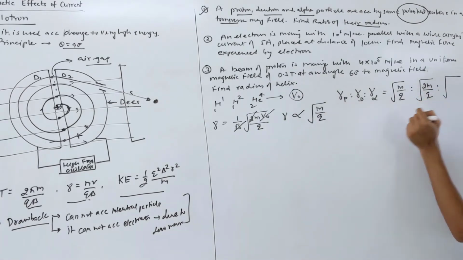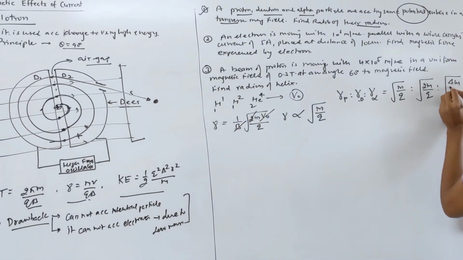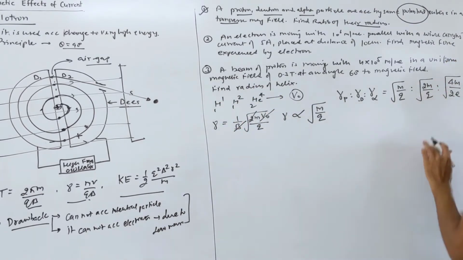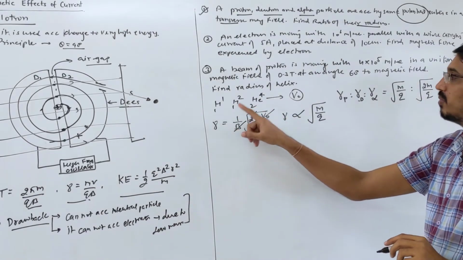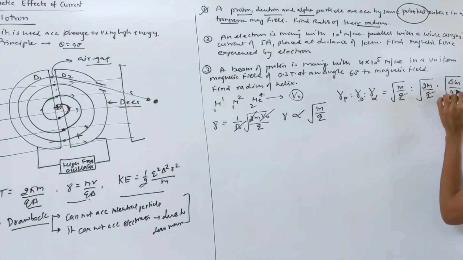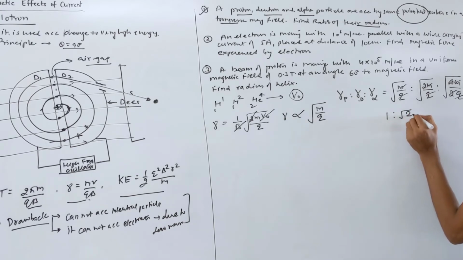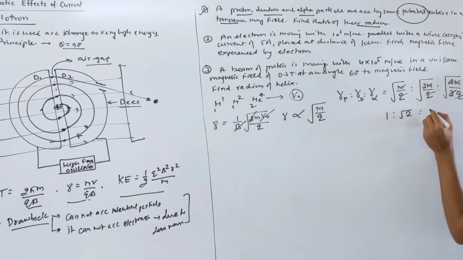Same for the alpha particle: it has 4 times the mass of the proton, so 4m, but the charge is double that of the proton, 2q. If you cancel all these numbers, here you get 1, here root 2, and here also root 2. So this is the ratio.